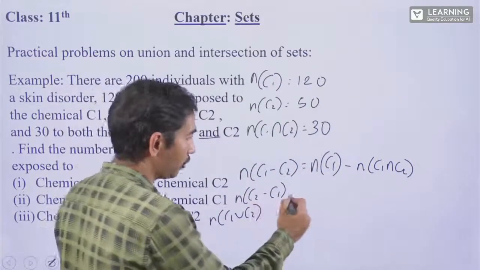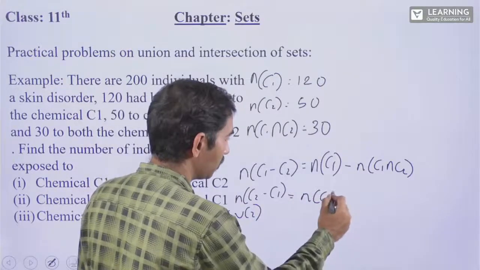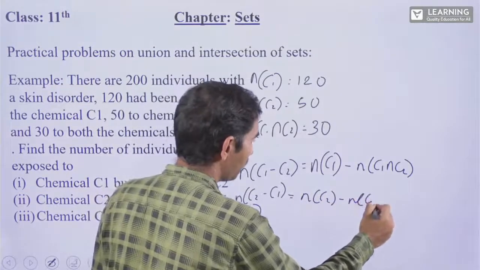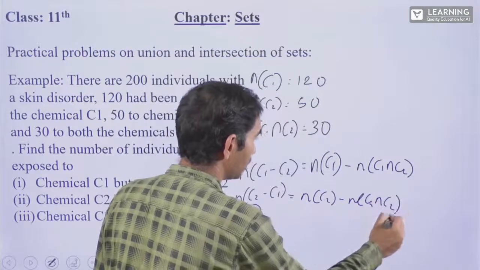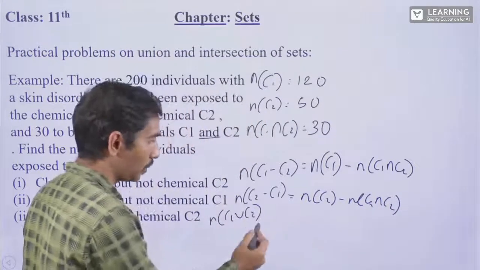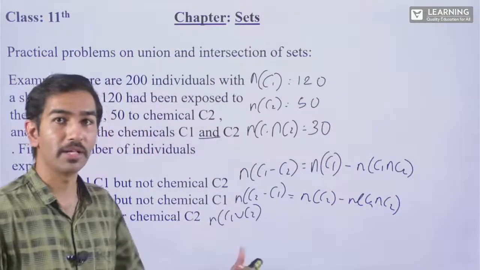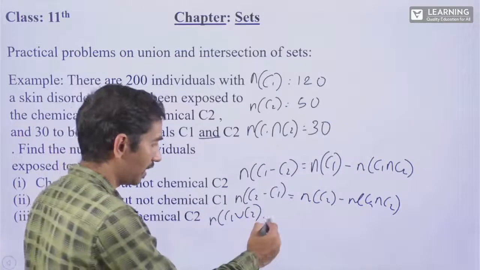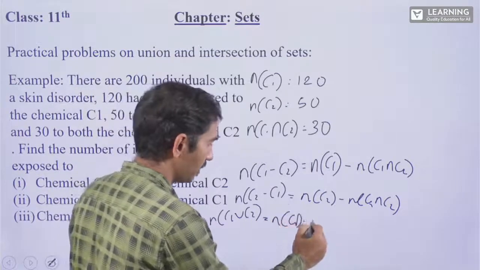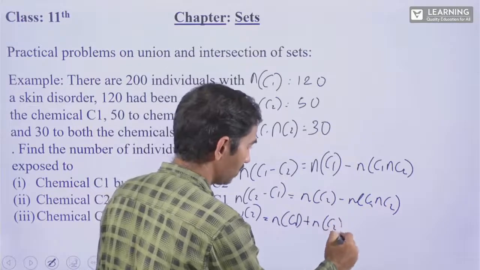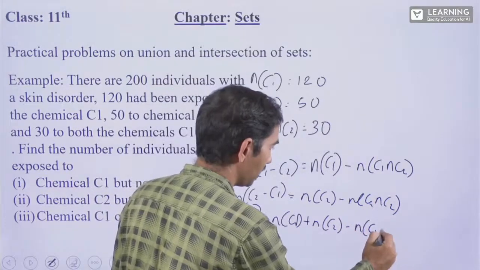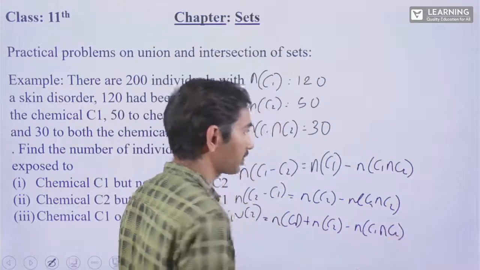Similarly, n of C2 minus C1 can be written as n of C2 minus n of C1 intersection C2. Next one, C1 union C2. By the addition law, this is equal to n of C1 plus n of C2 minus n of C1 intersection C2.